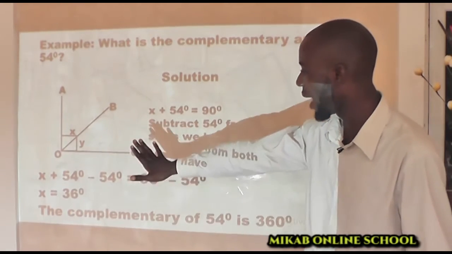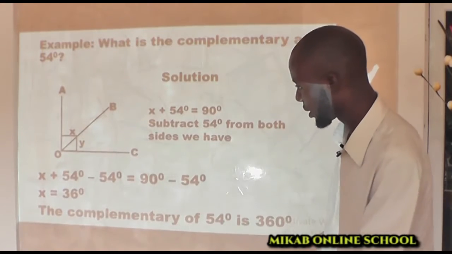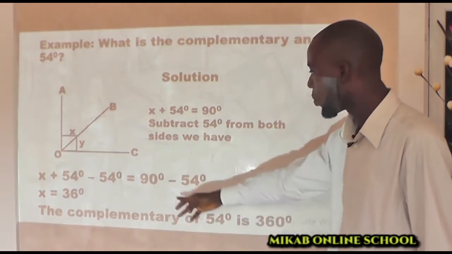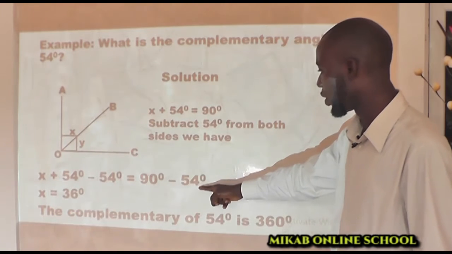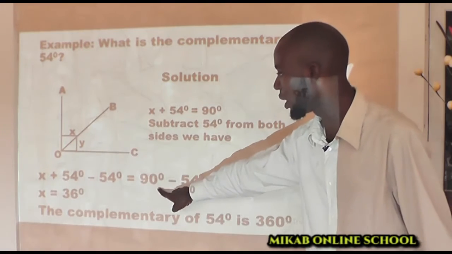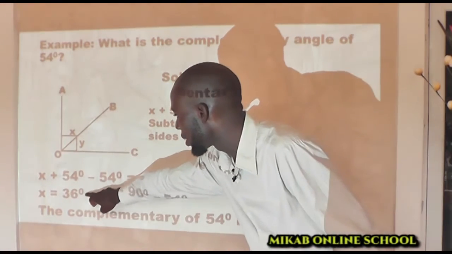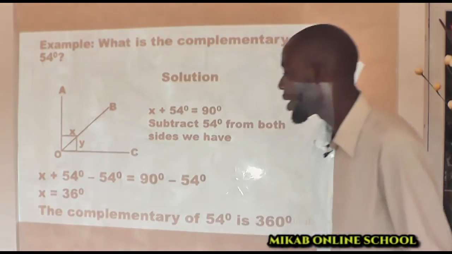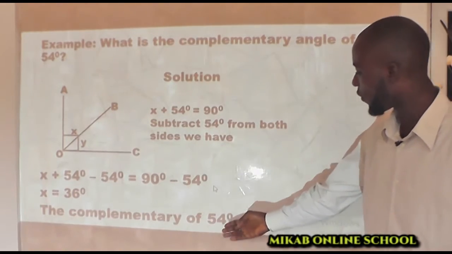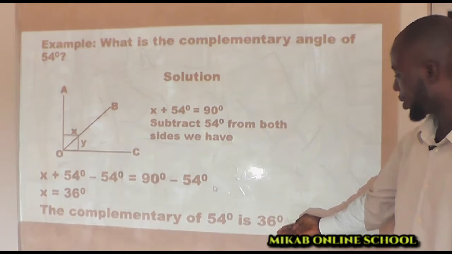So we have x at the left hand side. And coming to this right hand side, we have 90 degrees minus 54 degrees, and if you subtract this 54 from 90, you are going to arrive at 36 degrees. Therefore, the complementary angle of 54 degrees is 36 degrees.